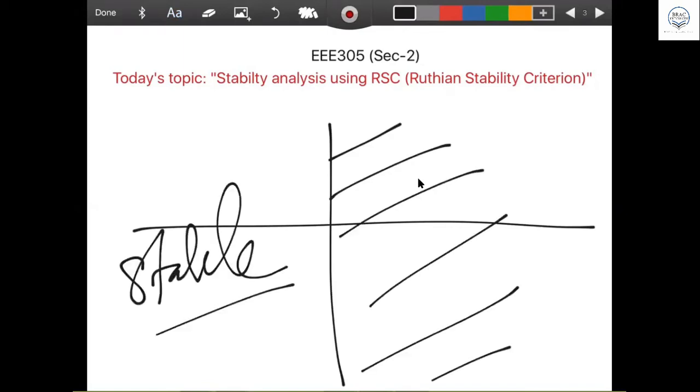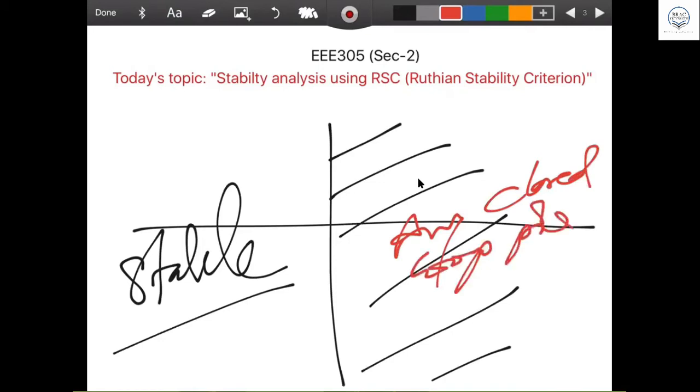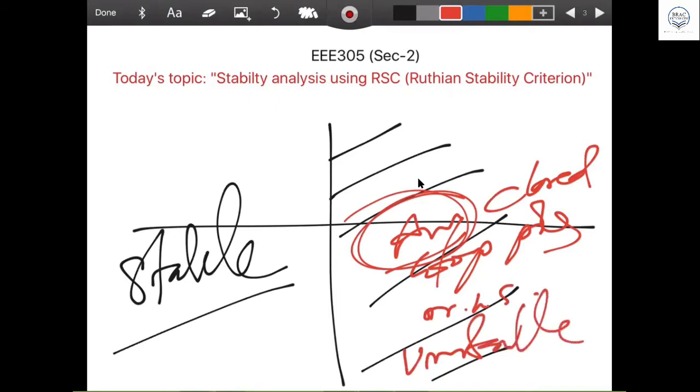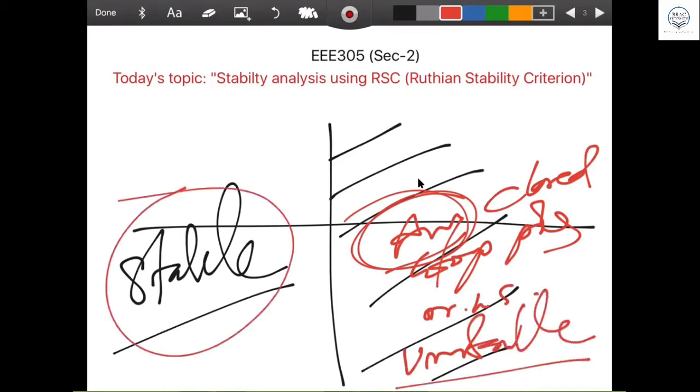And if any closed loop pole is located on the right half plane, the system will be unstable. So for the system to be stable, all the poles must be on the left half plane. No poles should be on the right half plane. That's the conclusion we came to.